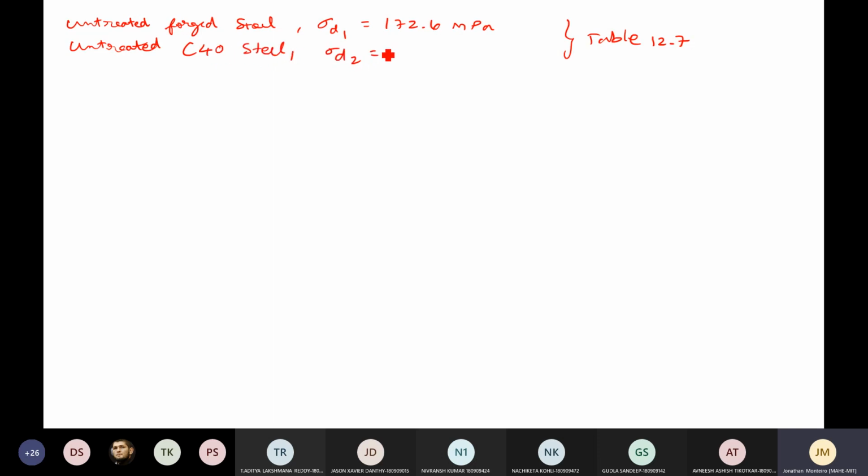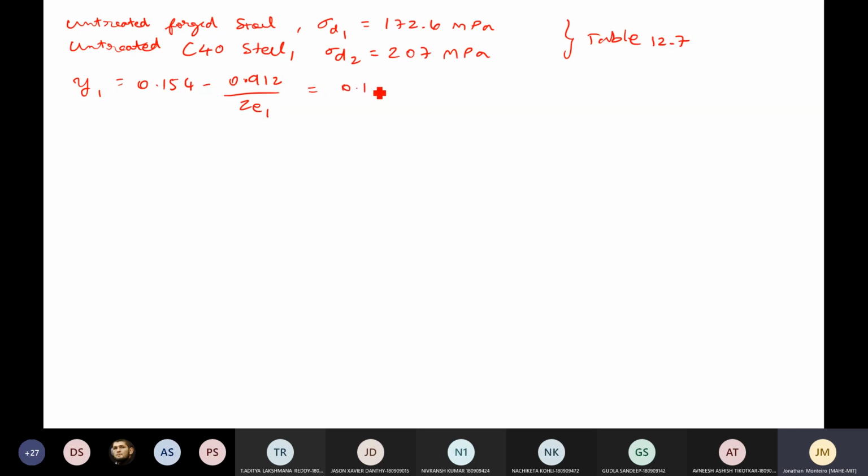So sigma d2 will be equal to 207 megapascals. Now for the value of y1, since it is 20-degree full depth, we can write 0.154 minus 0.912 by ZE1.